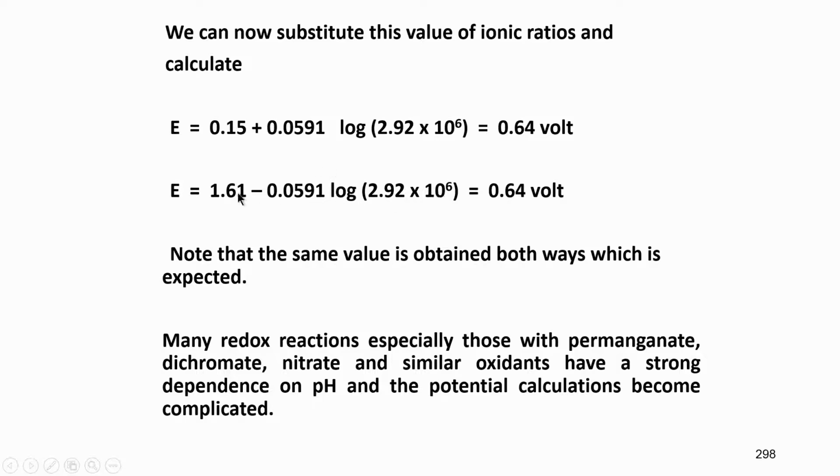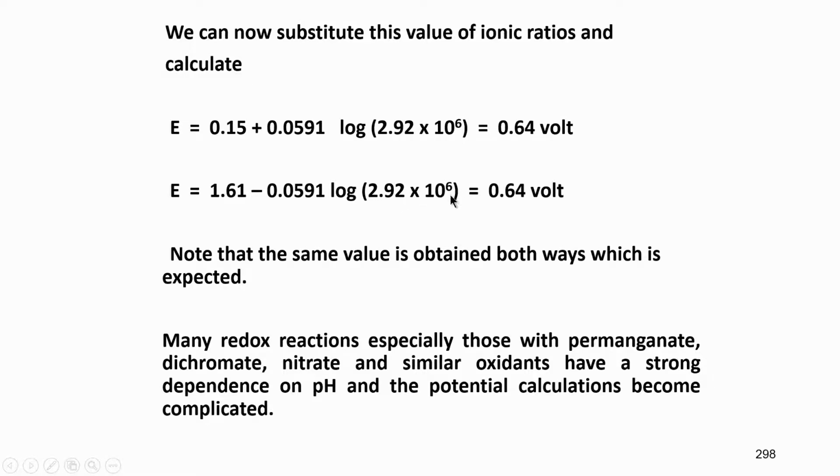Now you check this. The E naught value for ceric-cerous is 1.61, and here I am writing minus 0.0591. Find out why I write minus here and plus here. That is an exercise for you, and this minus this into log of 2.92 into 10 raised to 16, that is understood.